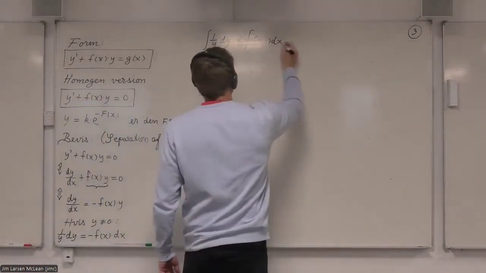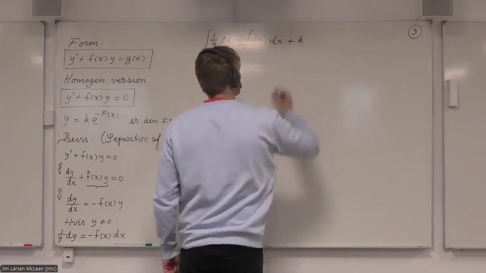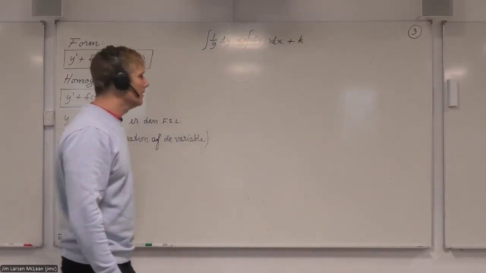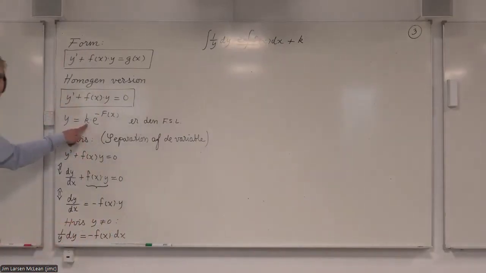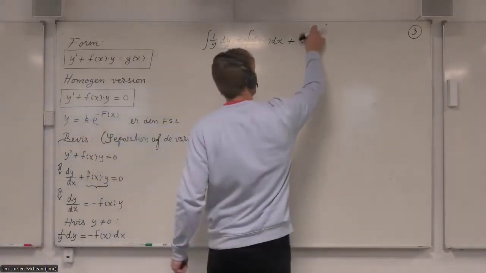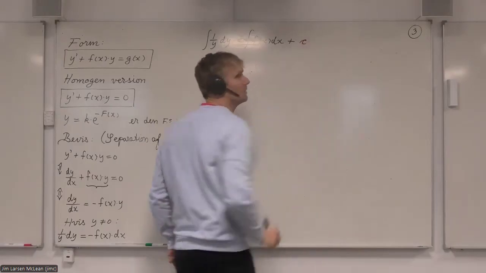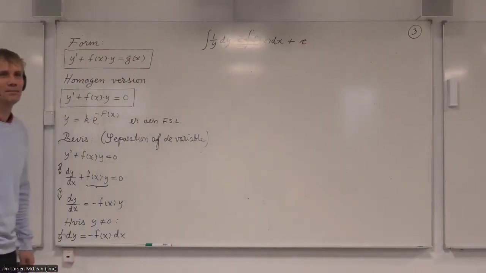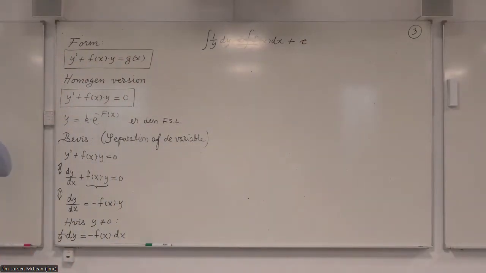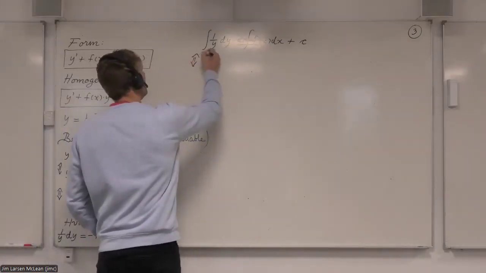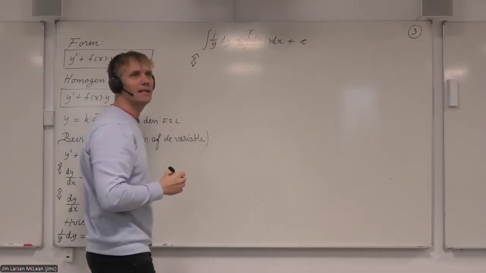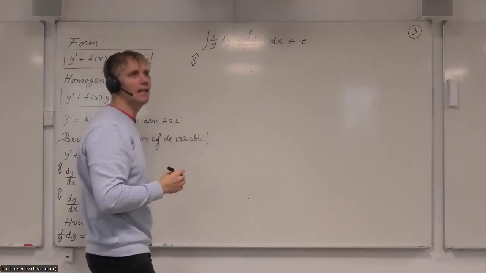And when we perform that integral, a constant appears, an integration constant. And you could call it little k, but since little k is what I need to end with, I'll just call it little c, for example, instead. It's just a constant. And then we start solving that integral. What is the antiderivative of 1 over something with respect to that something? The natural logarithm of the absolute value of that something.